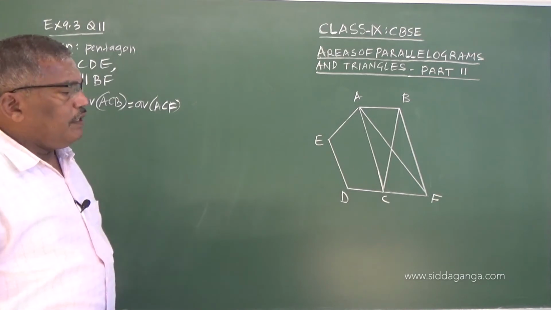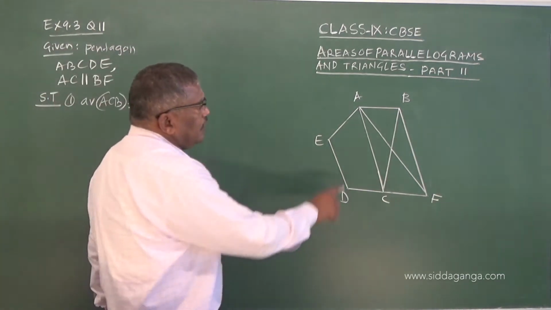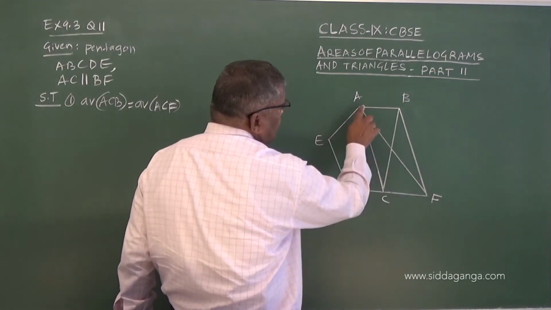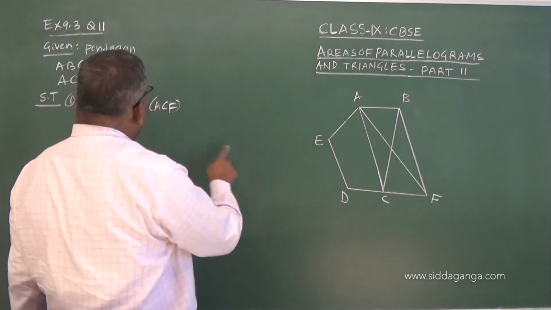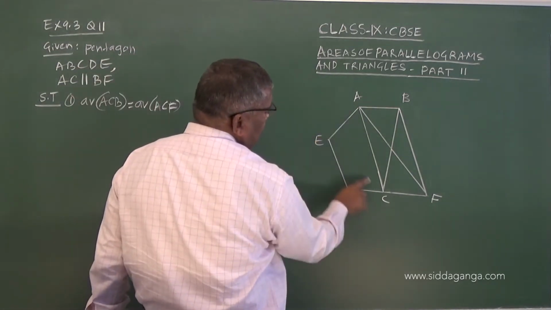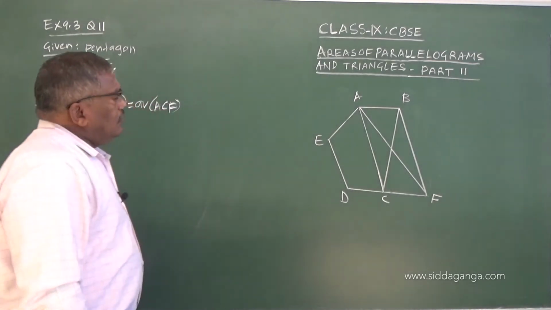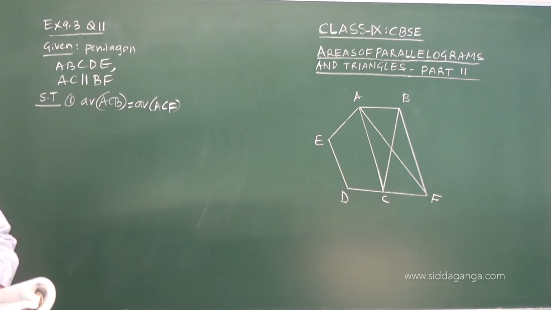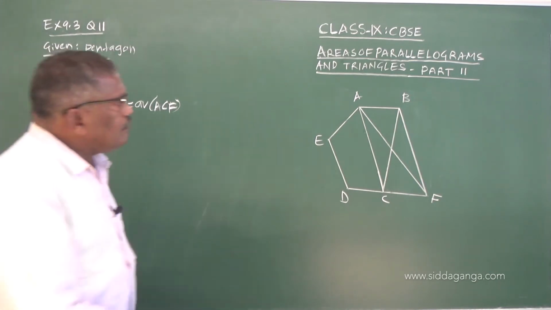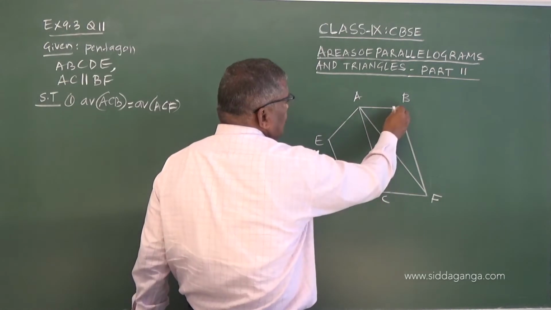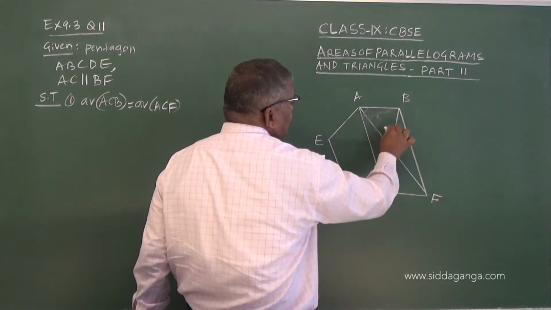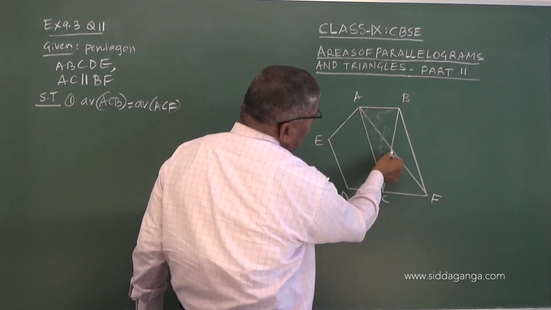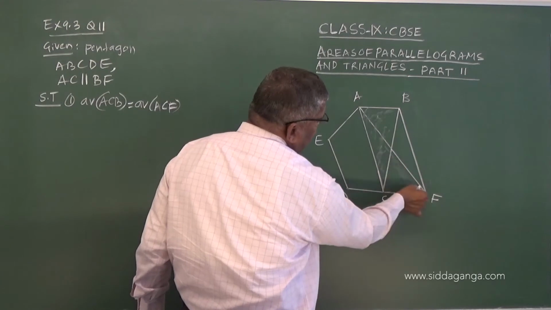If you simply observe these two triangles, ACF and ACB. ACB is this one, and ACF is this triangle.